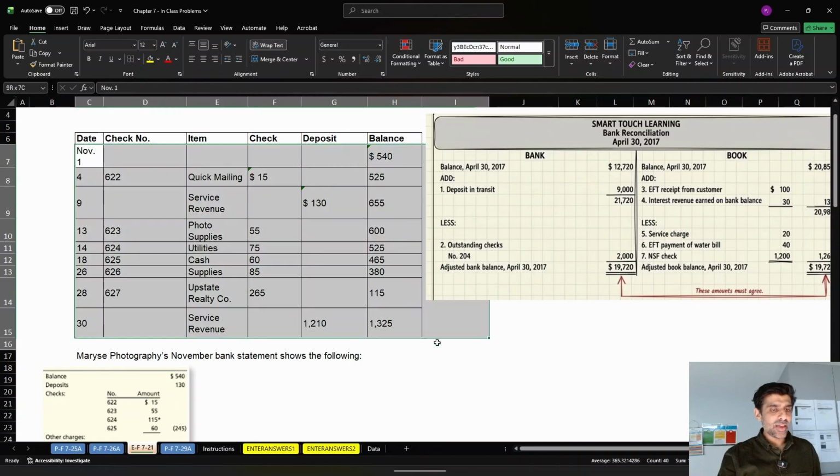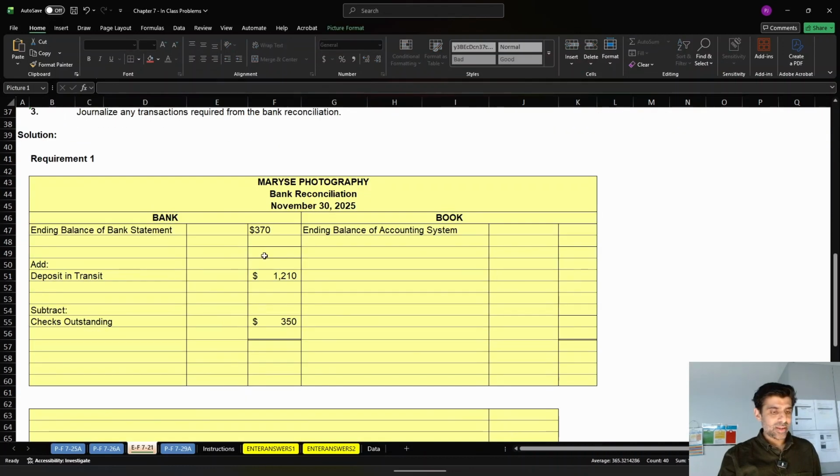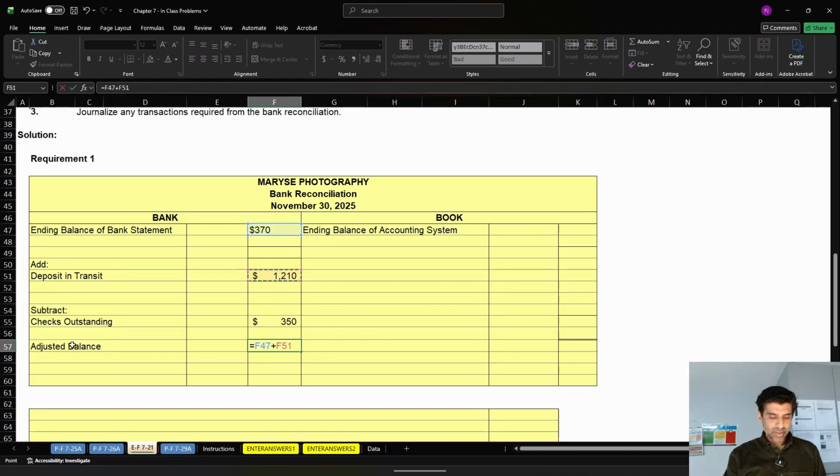So now everything here is included in here. Because this contained most of it, and whatever was missing, I've now done adjustments. So my adjusted balance equals this starting balance plus the deposits in transit minus the outstanding checks, and this is 1,230.